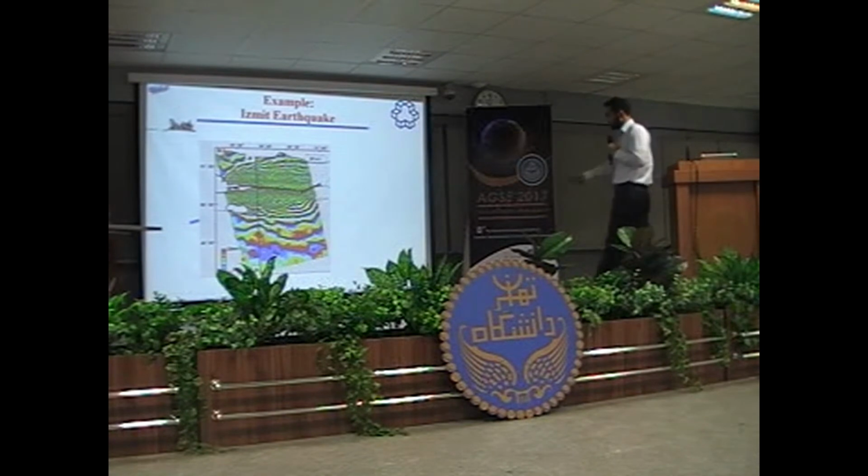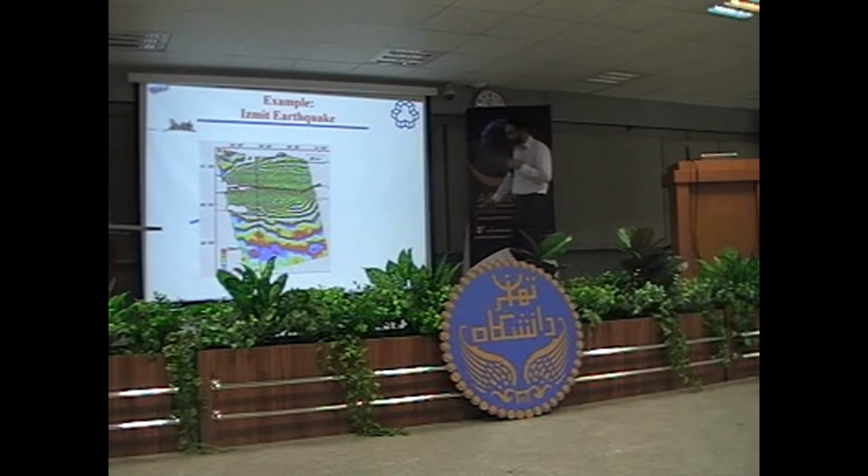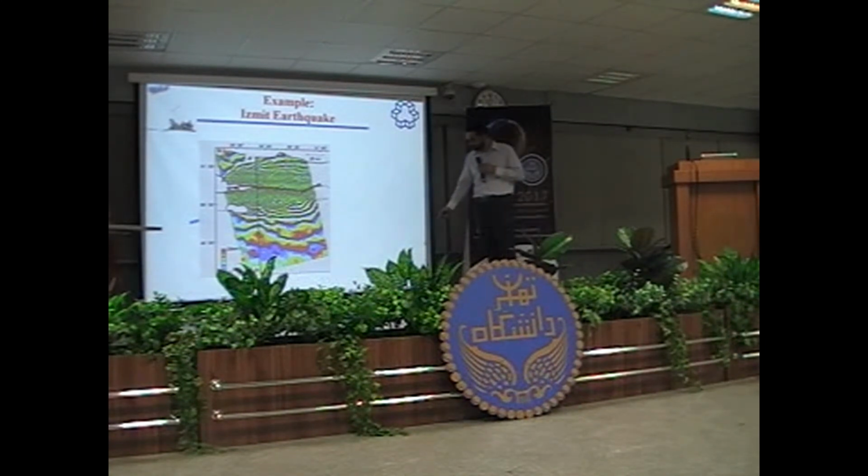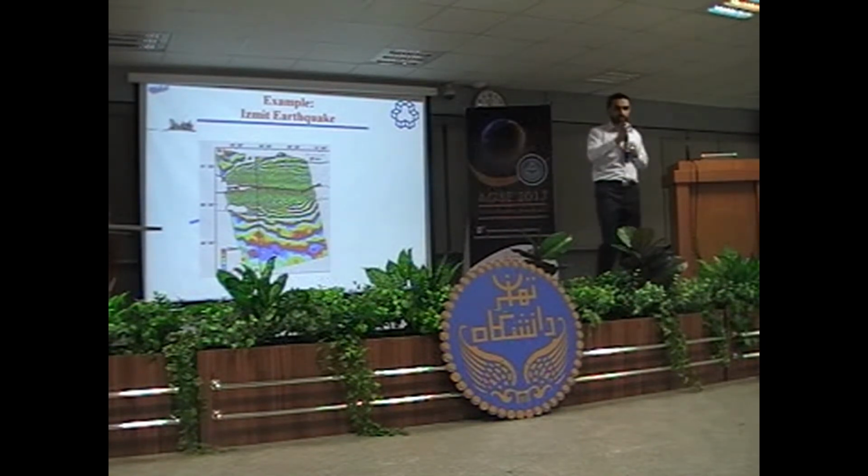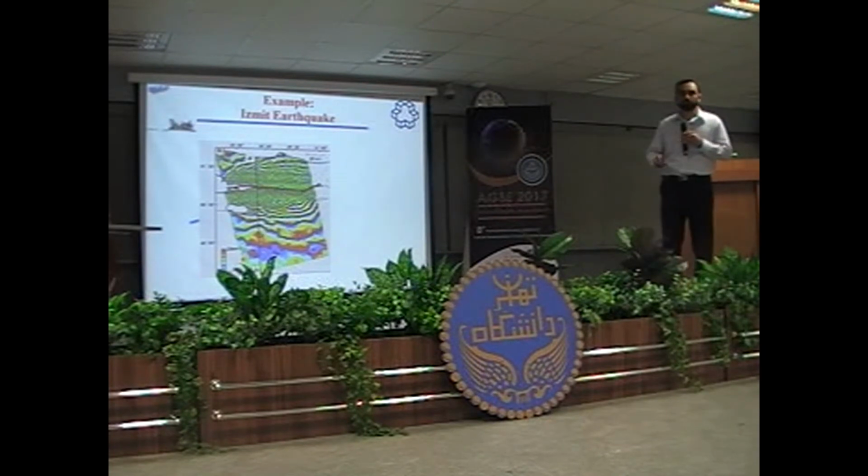You can see this is the same area. Let's interpret how we can analyze this interferogram. See here? Here we have no deformation. There is a blue color here. From one blue to another blue is one cycle. One cycle is related to half wavelength of deformation.